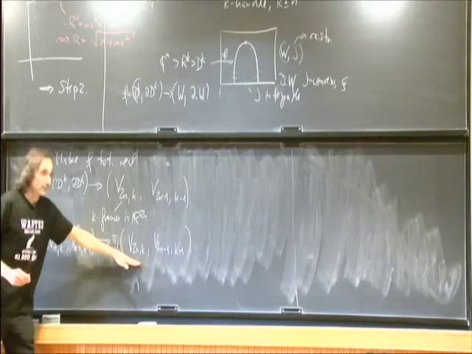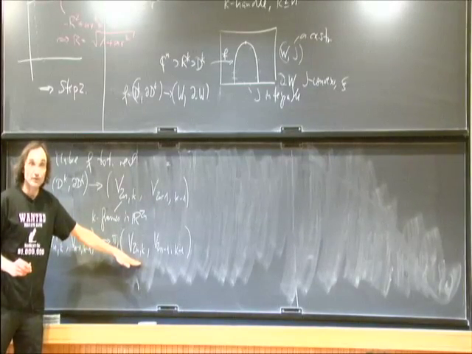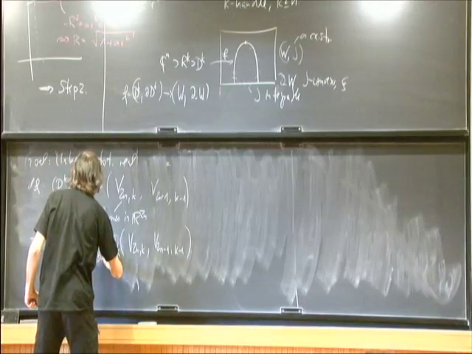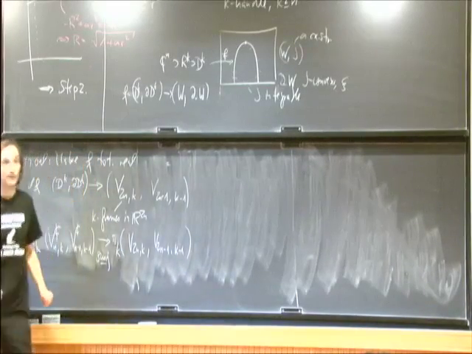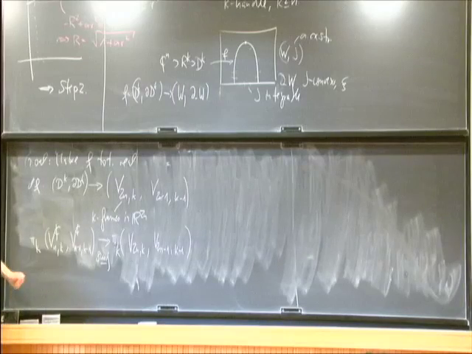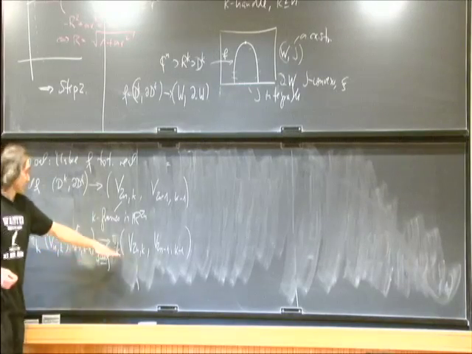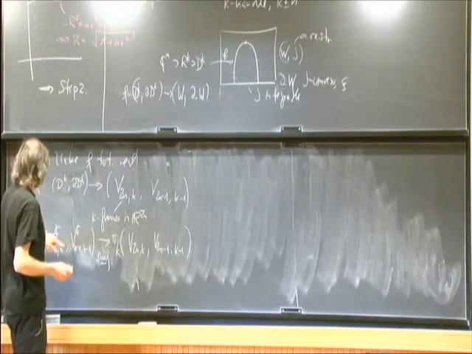So we have this map, and now just a computation of homotopy groups shows that this map is in fact surjective. You just compute homotopy groups of Stiefel manifolds. So this map is surjective, and hence you can lift this map to here.